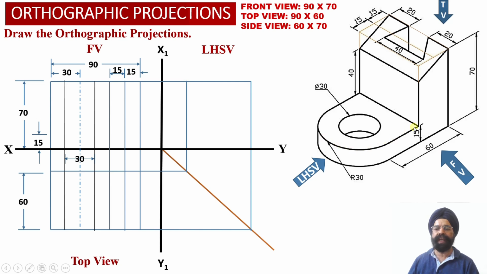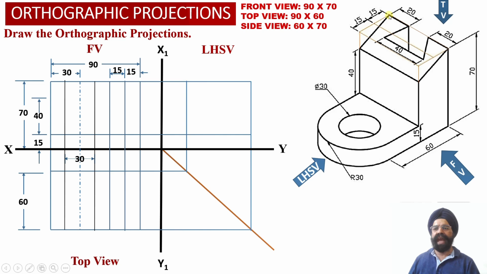The height of this horizontal web is equal to 15 millimeter. So corresponding to this horizontal web height, we have marked a distance of 15 millimeter from the XY reference line, and we have obtained a horizontal projector line in the front view orthographic projections, and we have extended this horizontal projector line appropriately into the left hand side view projections also.